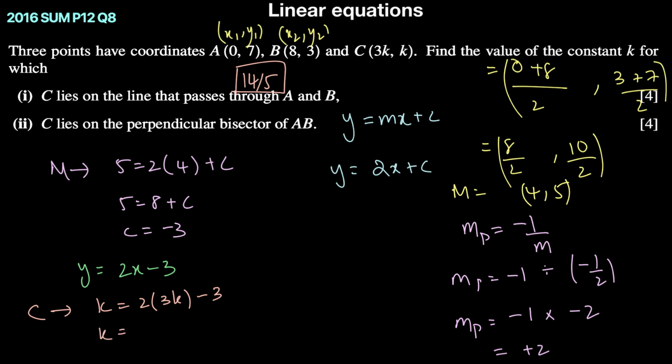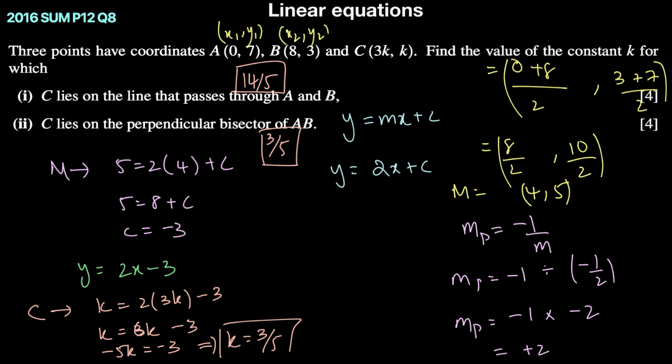So then k is equal to 6k minus 3. That means that minus 5k is equal to minus 3. So that implies that k is equal to 3 over 5. So the value of the constant k for part 2 is equal to 3 over 5. So that's our answer.